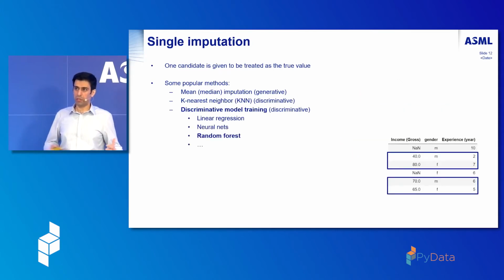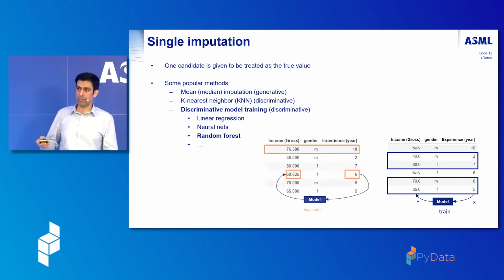Or you may benefit from some predictive or discriminative models, like linear regression, neural network, random forest, whatever it is. You simply look at the complete part of the data and train a model which maps the observed variables to the variable with missing values, and then use that model to do the imputation whenever data is missing.